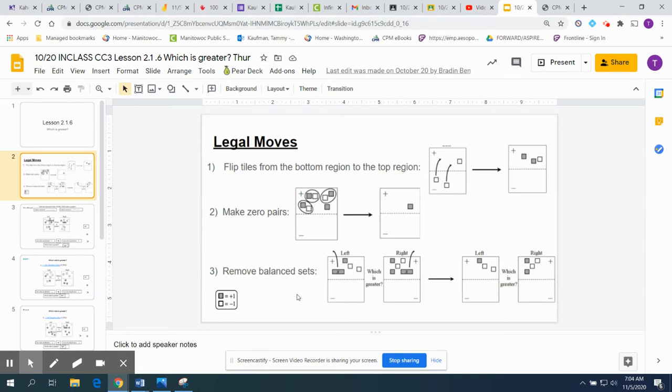The last move that we're going to talk about is removing balance sets. Now, removing balance sets actually does change the value of what's on those tile mats, but it's changing it by the same amount, so it's okay. Like, I'm taking an X off the left side and an X off the right side. I'm taking those off, but I'm taking the same amount off each side.